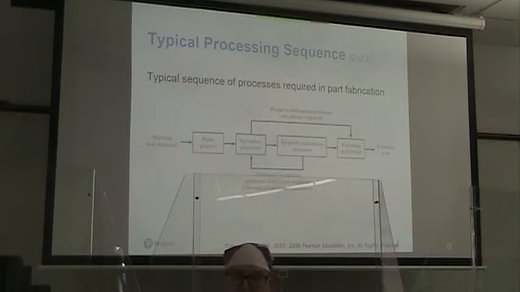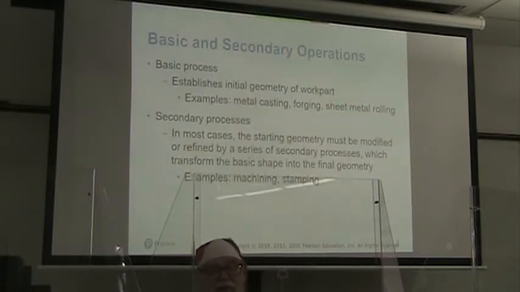That may go to a property enhancing process, which may end up being a loop with the secondary process until we get the shape in the proper shape. And then we go to our finishing operations and we have a finished part. All right, well, obviously this is a very crude and not necessarily accurate depiction of how we would get to where we need to be.